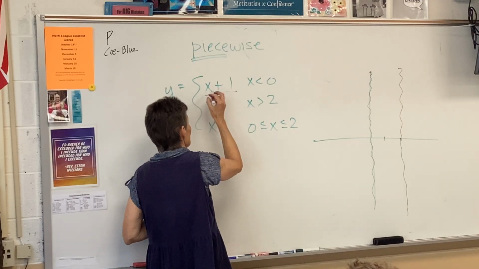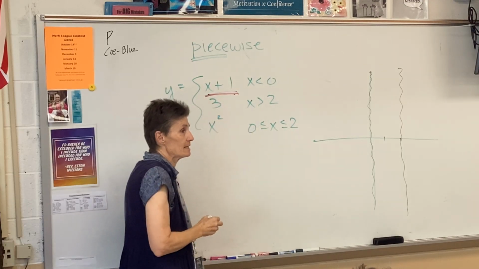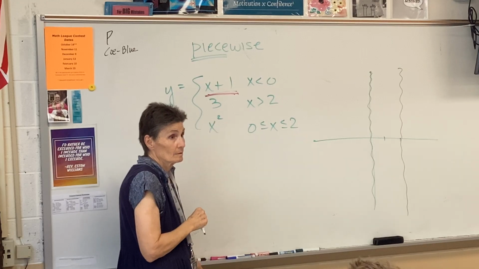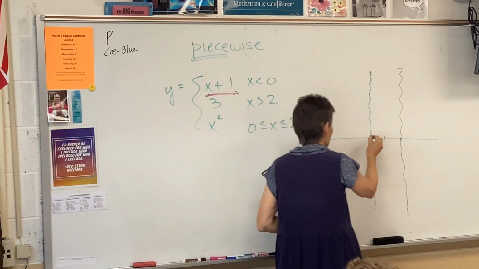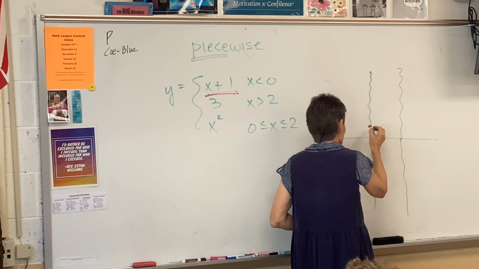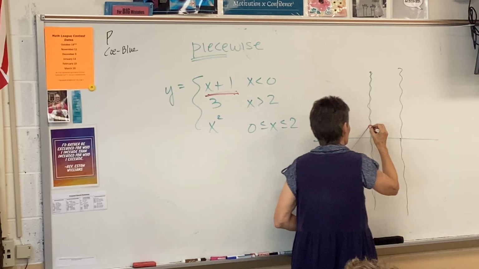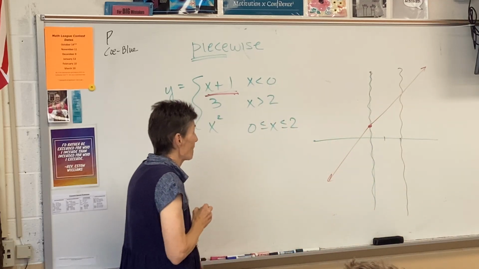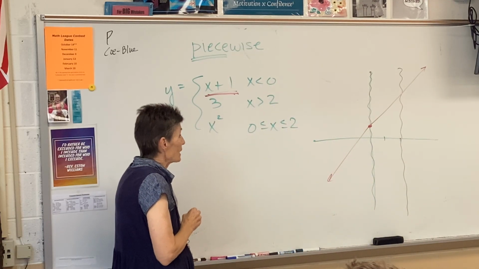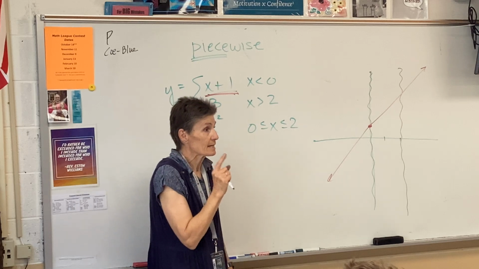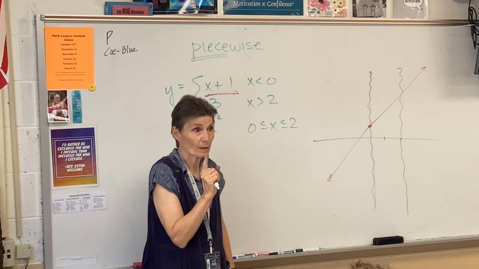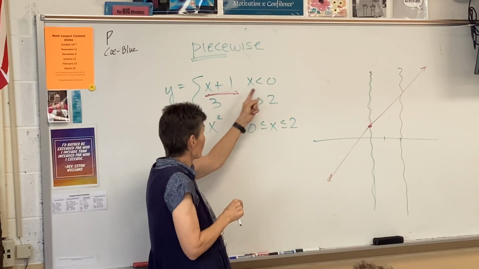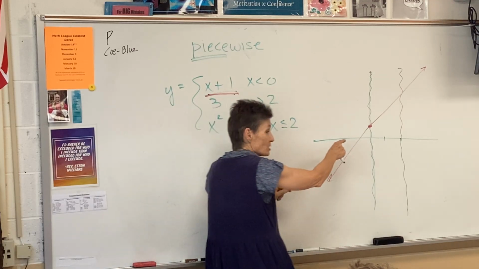Alright, tell me about that guy right there. What is he? He's linear up 1. So instead of being linear through here, he's linear through here. Now, he does hit both breakpoints, but the only one I care about for him is this one.